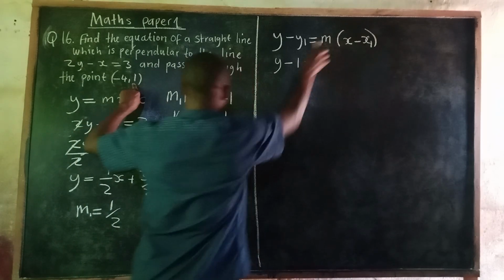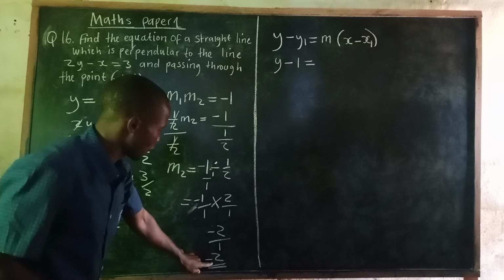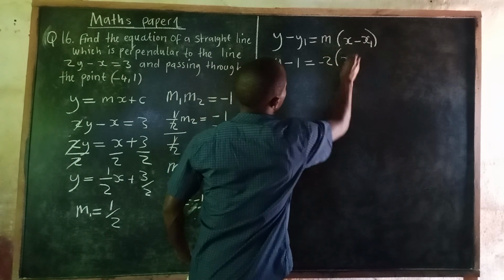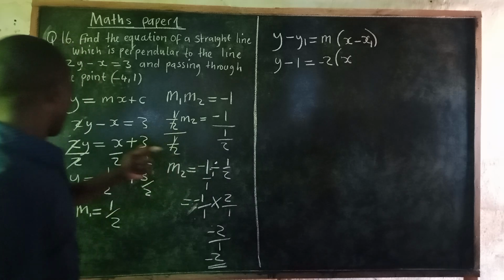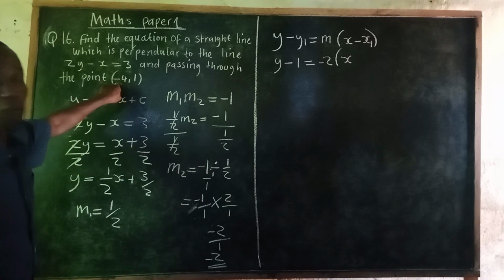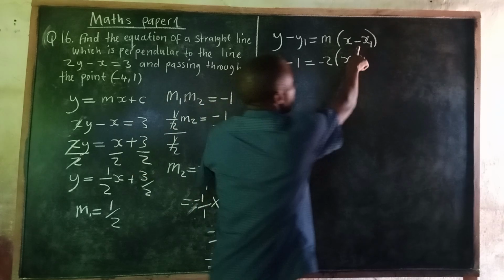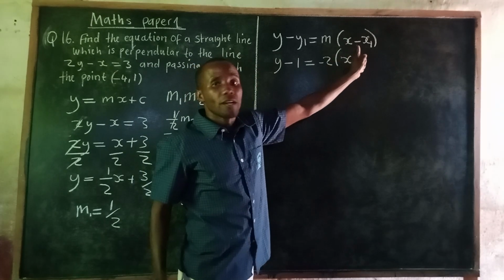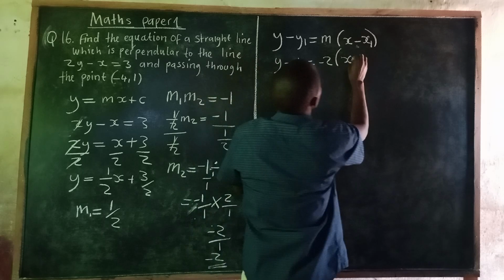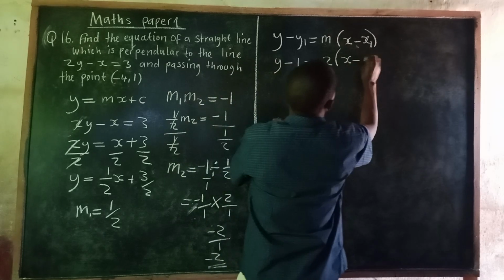Then equals the gradient you have found, which is negative what? -2. So you are going to say -2, open bracket, you write x. Then x1 we have negative what? -4. So remember, this negative is the operating sign, so it will still be maintained. Then negative what? -4.